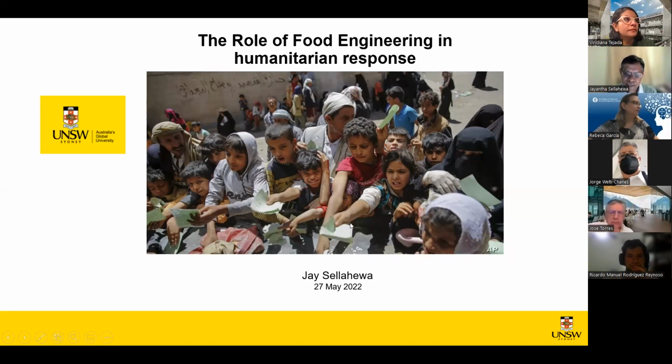They're exchanging vouchers for food, and you can see from the expressions on their faces that these children are hungry. So food is very important. They are in a humanitarian situation. They have been affected by some disaster, and they're looking for food. So that really puts the context to my talk.